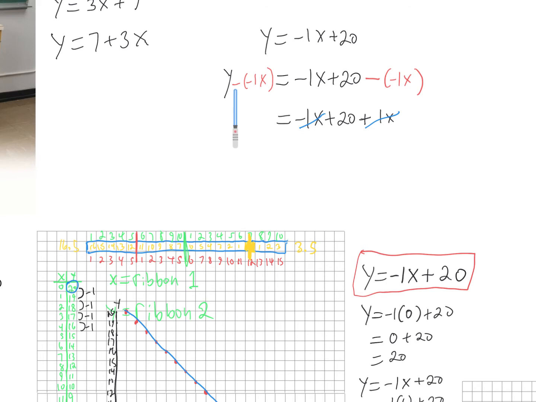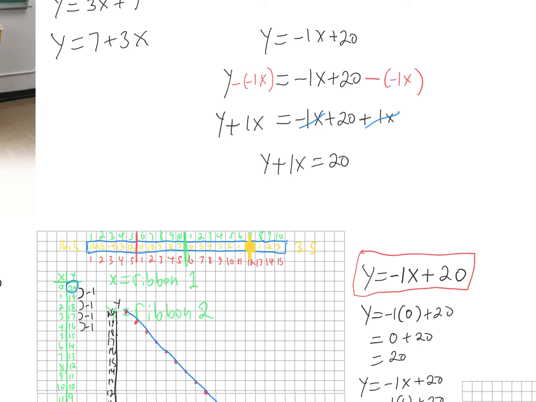So rather than writing subtract negative 1x, I can write this as y plus 1x. The equals is going after, so y plus 1x equals 20.